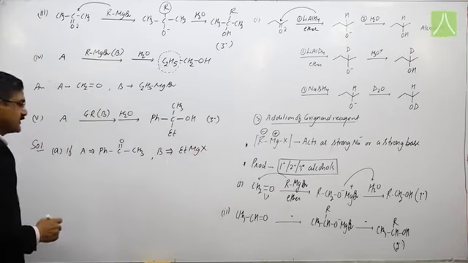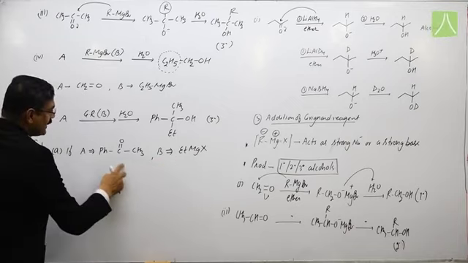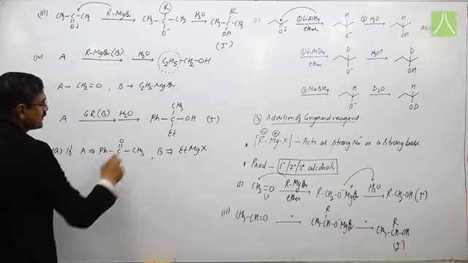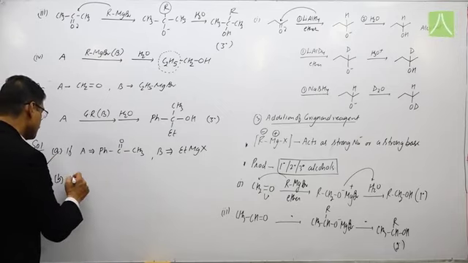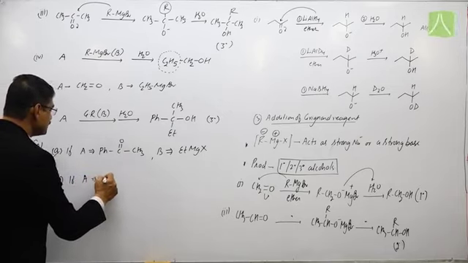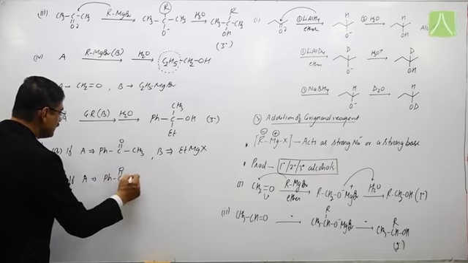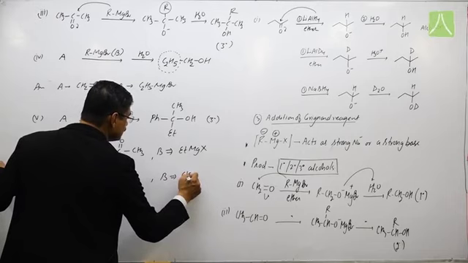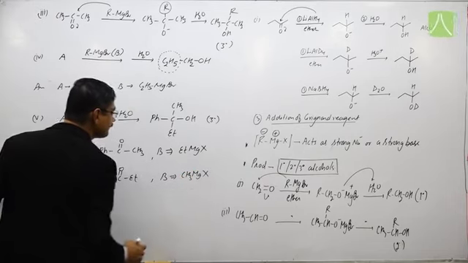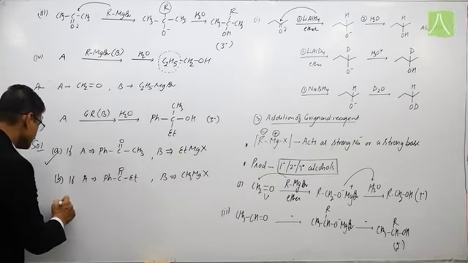This is the first combination. When ethyl adds to this carbon, the same product is obtained. If A is PhCOEt, then B should be CH3MgX. This is also a correct combination.